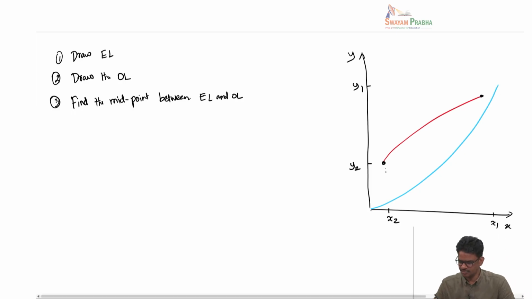At this point I measure the total distance between the operating line and the equilibrium line, and I find the midpoint. The midpoint is somewhere here. I go to some other y value, look at the total distance and find the midpoint, and I go here and find the midpoint. Like this you can find an infinite number of midpoints.